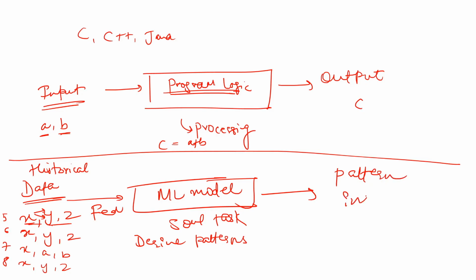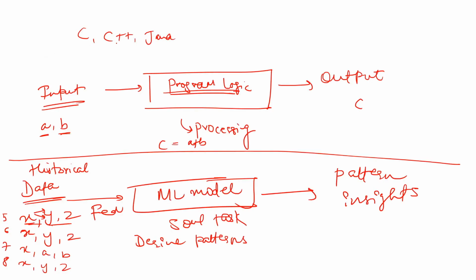Based on these pattern insights, whenever new data is provided, we had historical data up to 8th of October, and till then, whenever a person purchased item X, the person also purchased item Y and item Z.